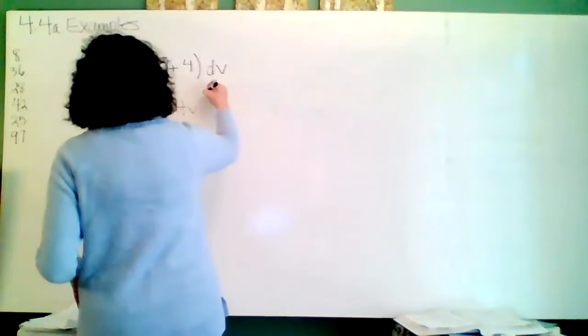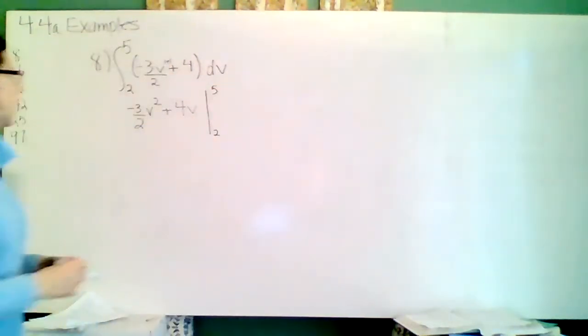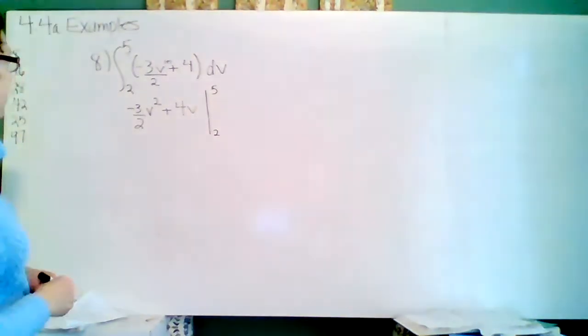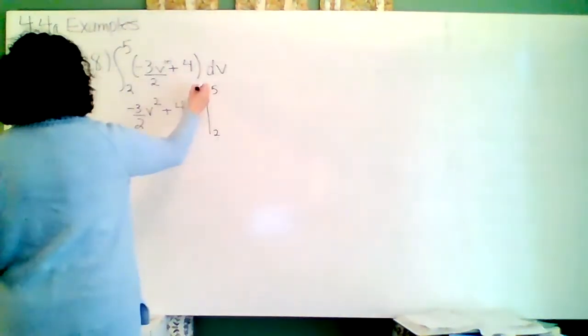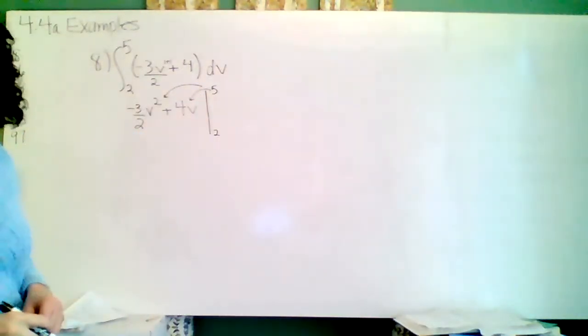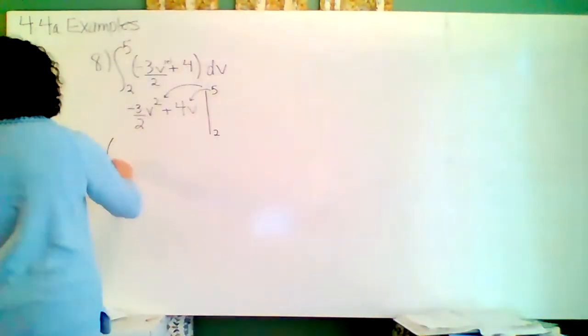Okay. So now I draw a long thin line, and I'm going to evaluate this integral, capital F of b minus capital F of a. So here we go. This is my F of b, and I always draw my arrows, okay? And I use parentheses a lot.